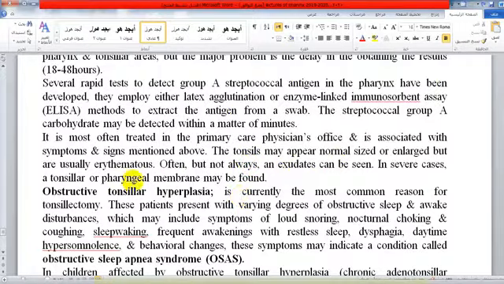These patients present with varying degrees of obstructive sleep and awake disturbances, which may include symptoms of loud snoring, nocturnal choking and coughing, sleepwalking, frequent awakenings with restless sleep, dysphagia, daytime hypersomnolence, and behavior change, and these symptoms may indicate a condition called obstructive sleep apnea syndrome. This problem we will speak about in the next lectures.